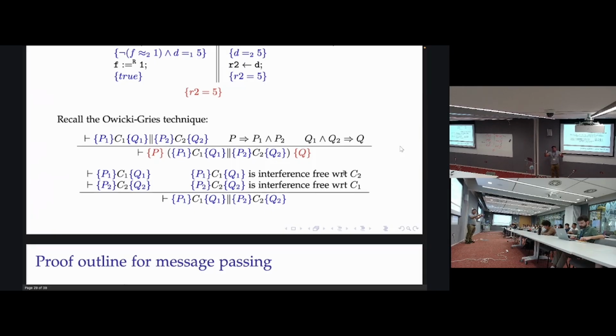And then once you have some thread local proof obligations, you've got to prove, first of all, your local correctness, which is this. Then you've got to prove your interference freedom or global correctness, which I wrote down in English rather than in maths because maths is a little bit annoying. But you get the idea.